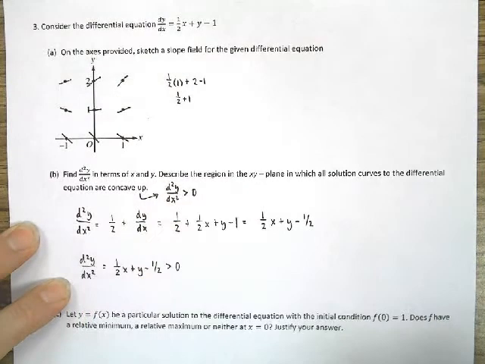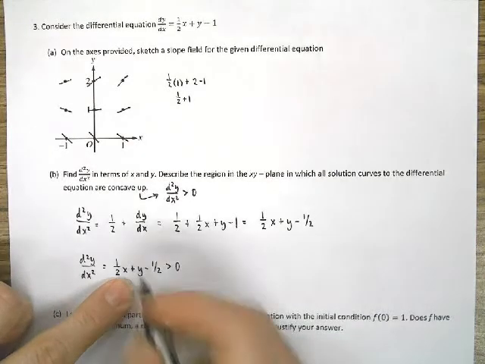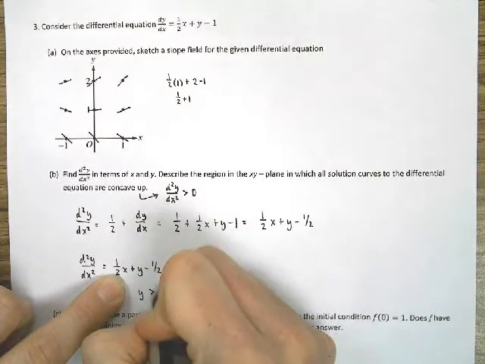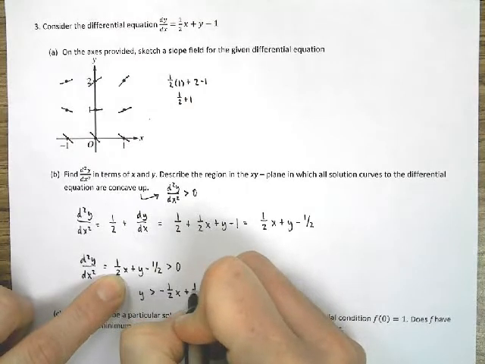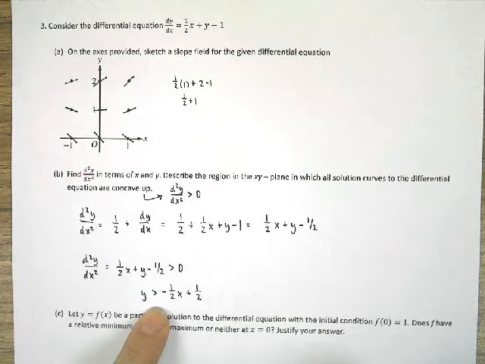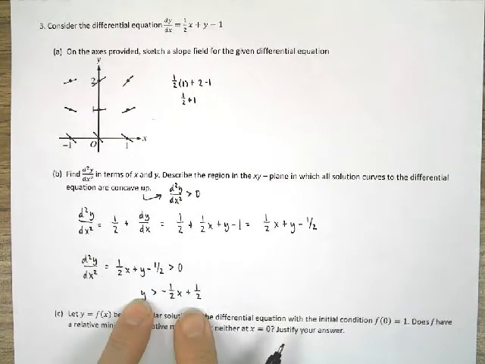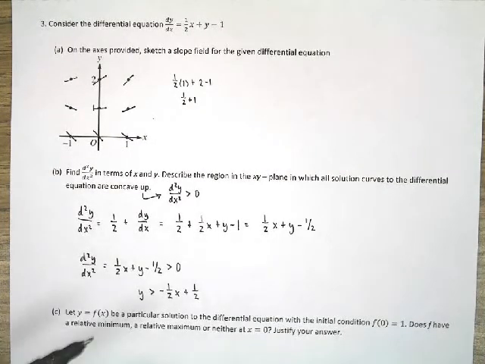And I want to know where that's greater than 0. So what I'm going to do is isolate y. I'm going to say y is greater than, if I move this over, negative 1/2 x, and if I move this, plus 1/2. So what I essentially know is that all the solutions are going to be concave up when I'm above this line. All solution curves above this line will be concave up.